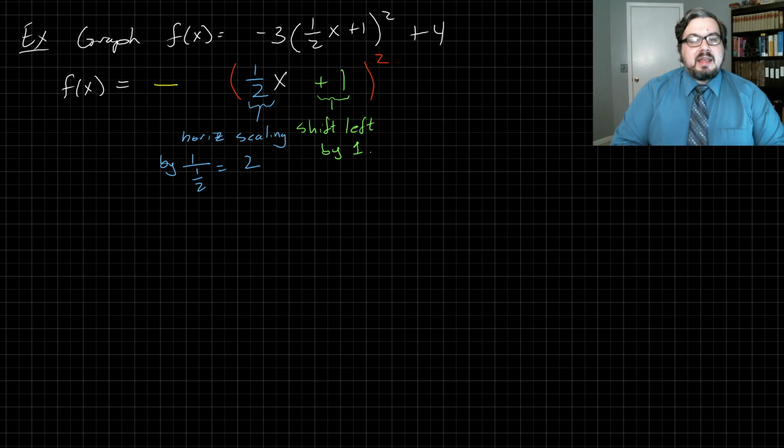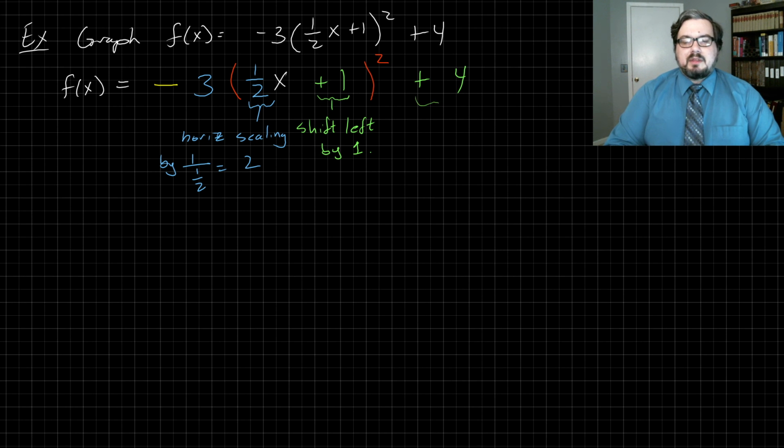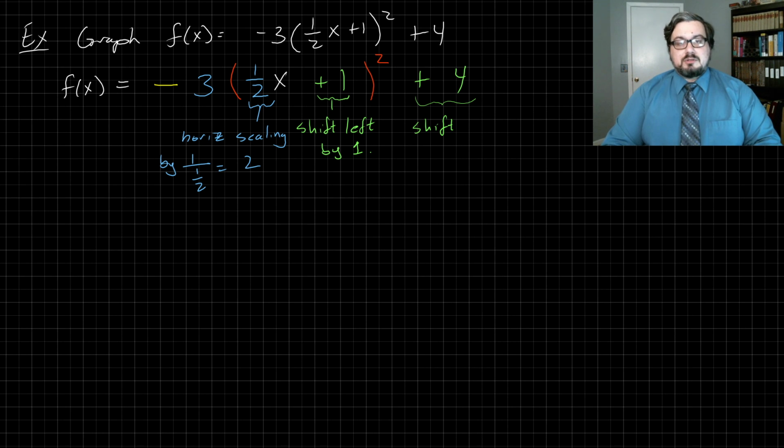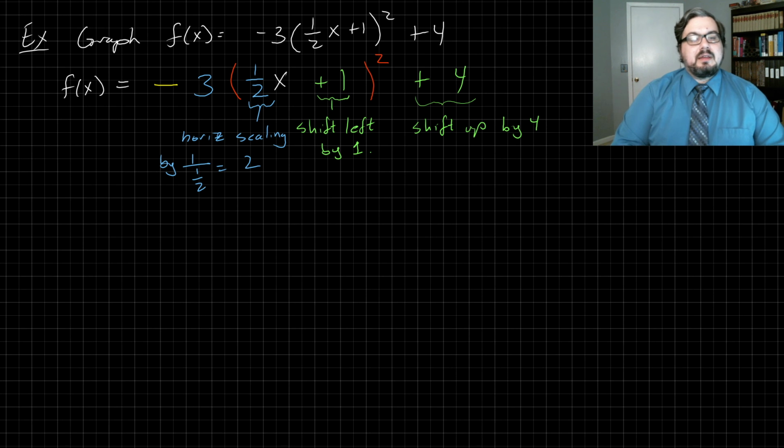All right, now we've got a couple more. We've got a negative 3 and a plus 4 over here. Now, this plus 4 on the outside is going to be a vertical change because it's happening outside the base function of x squared. So this is going to say we shift up by 4.